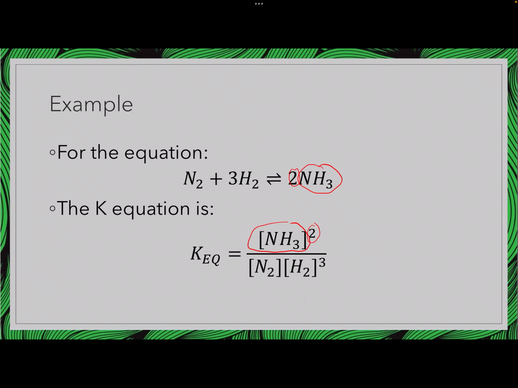We put it over the concentration of the reactants, so N2, that has a stoichiometric ratio of 1, so it's just the power of 1, and the other reactant is hydrogen, and it's a stoichiometric power of 3.